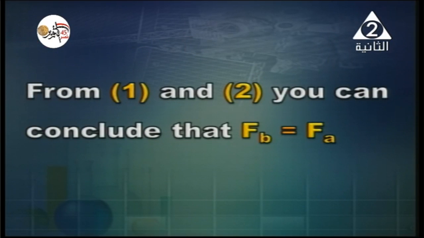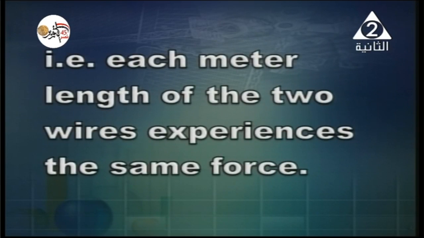From equation 1 and equation 2, we can conclude that FB, the force produced by wire B, is equal to the force produced by wire A. That's to say, each meter length of the two wires experiences the same force. Let me say it again. Each meter length of the two wires experiences the same force.